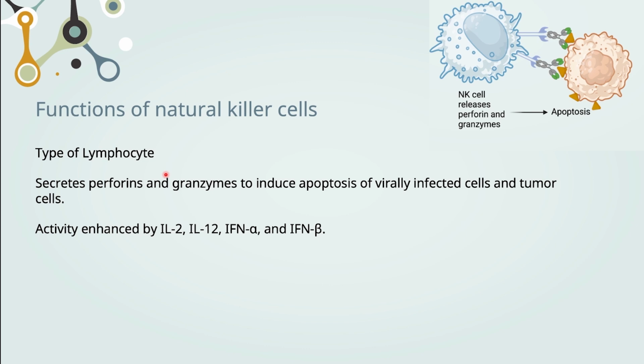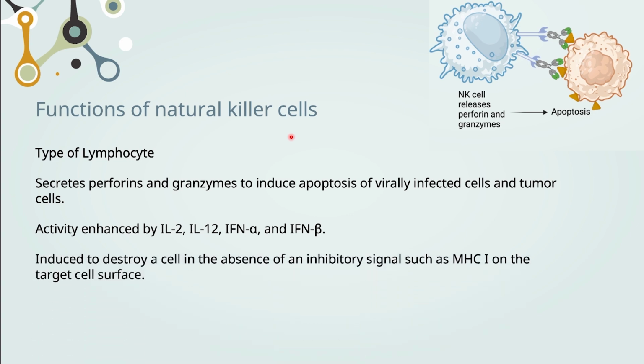Which of the following interleukins enhance the activity of natural killer cells? So this is how they ask the question, and there'll be different options, and you have to choose one among these four. The high yield ones are interleukin 2, interleukin 12, interferon alpha, and interferon beta. So these enhance the activity of natural killer cells, all right? And these are super high yield from exam point of view.